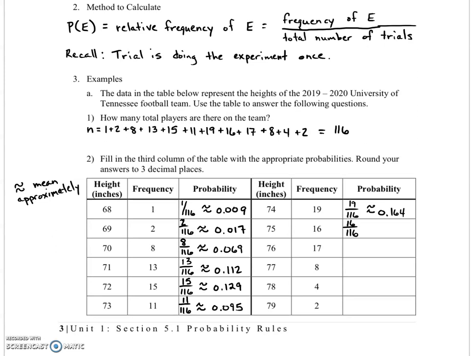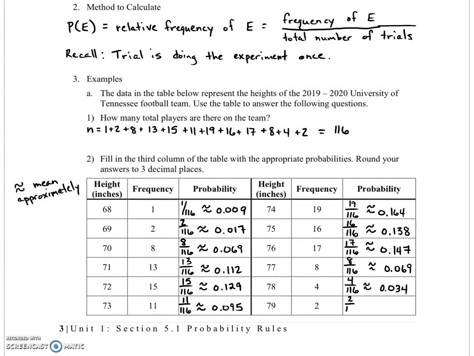16 over 116 is approximately 0.138. 17 over 116 is approximately 0.147. 8 over 116, 0.069. 4 over 116 is approximately 0.034.